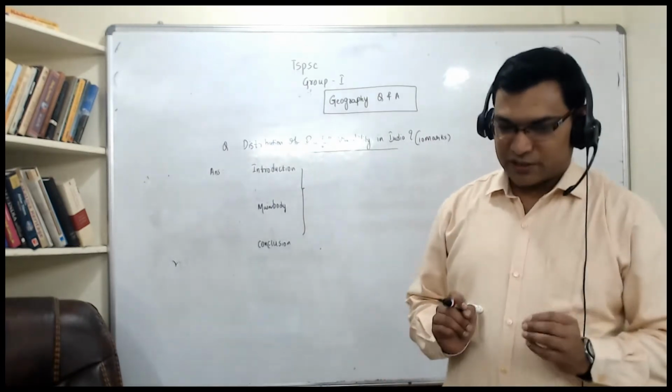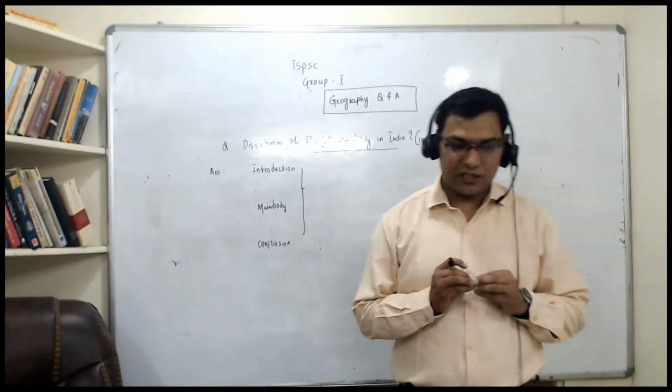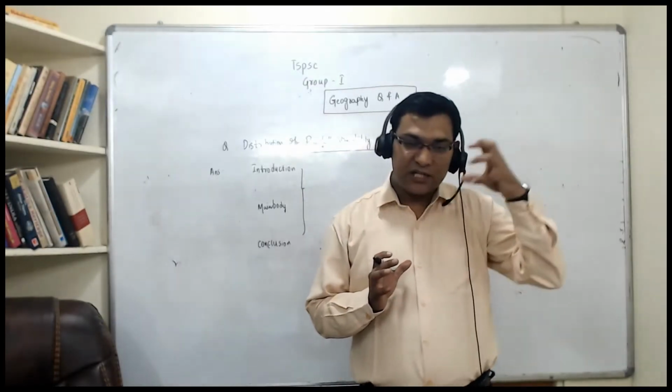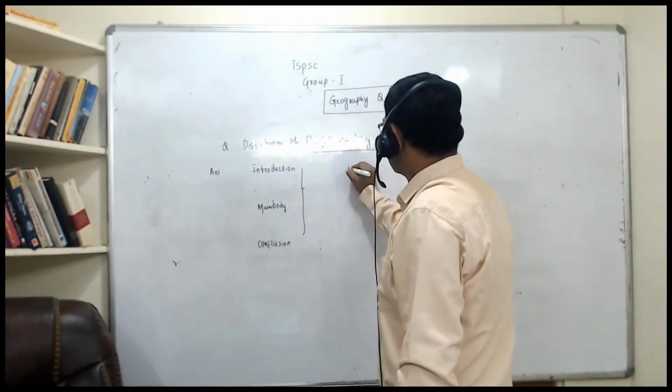You can write in this way, that the distribution of precipitation is based on spatial distribution and temporal distribution. I'll write the introduction.